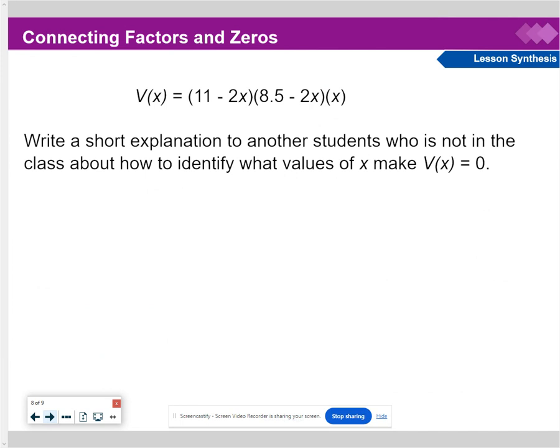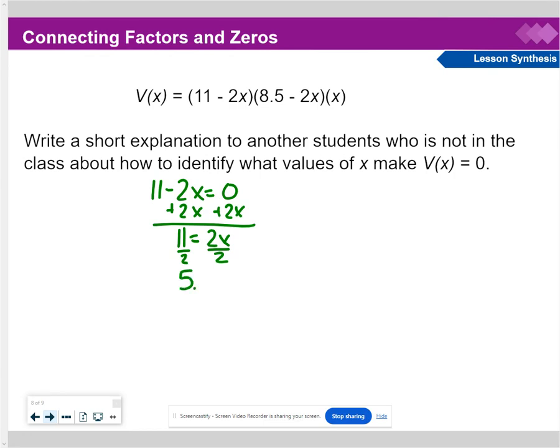So for this, I would hope that you could figure out what would make each of those factors equal to 0. The first one, if I have 11 minus 2x equals 0, if I add 2x to both sides, I've got 11 equals 2x, divided by 2.